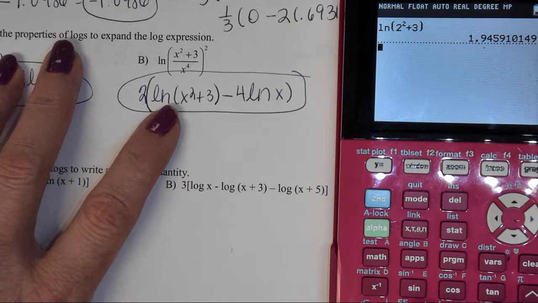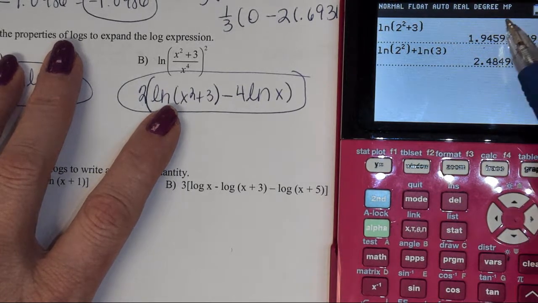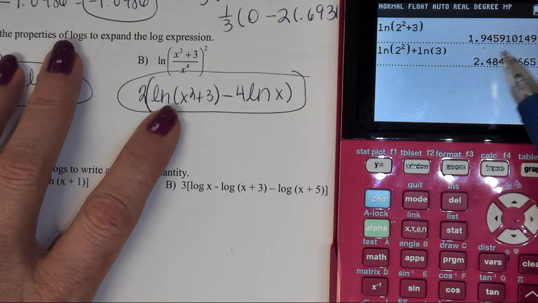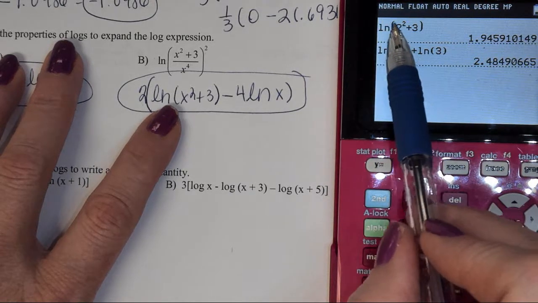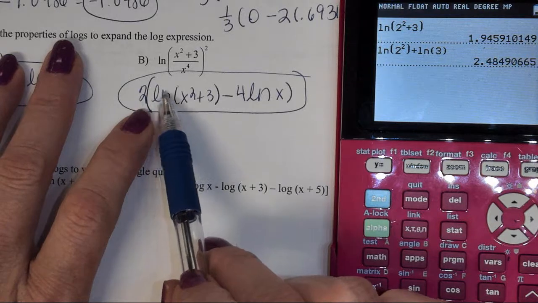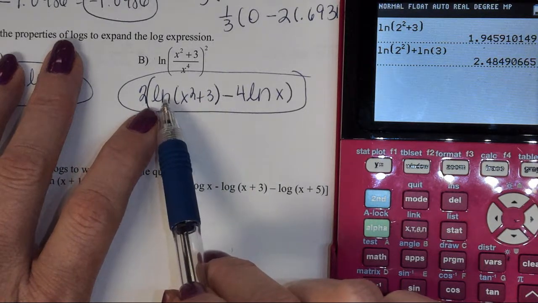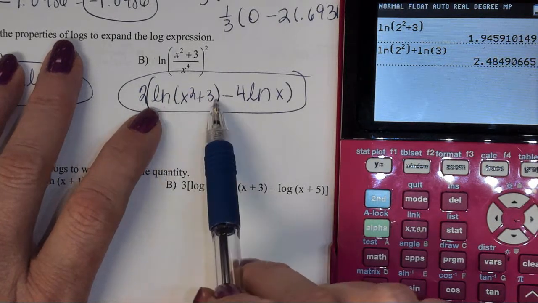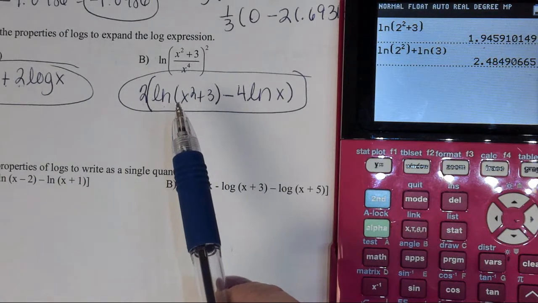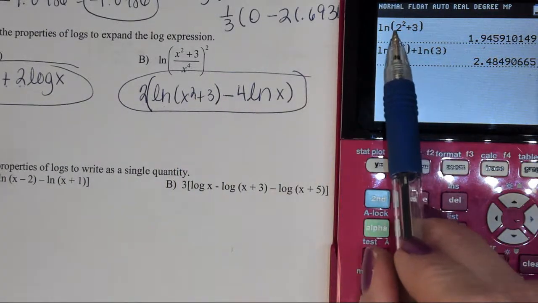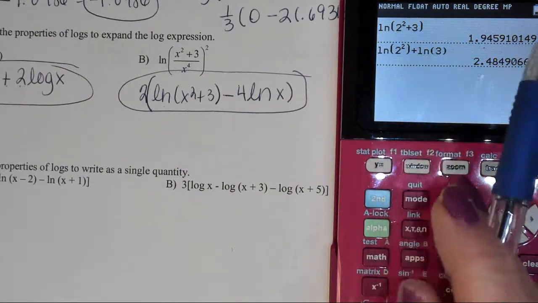Well, they think it would be okay to just do natural log of 2 squared plus natural log of 3. Do you see how that's not even close to the same thing? You are not allowed to distribute through here. So I can't write this as natural log of x squared plus natural log of 3. It's not correct. You can see it's not correct if I plug in a number for x.